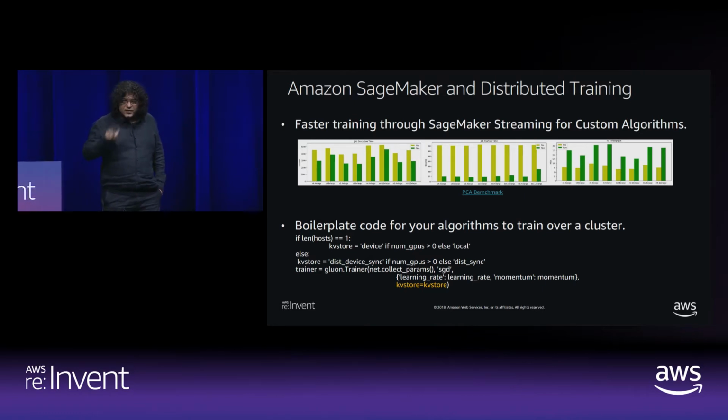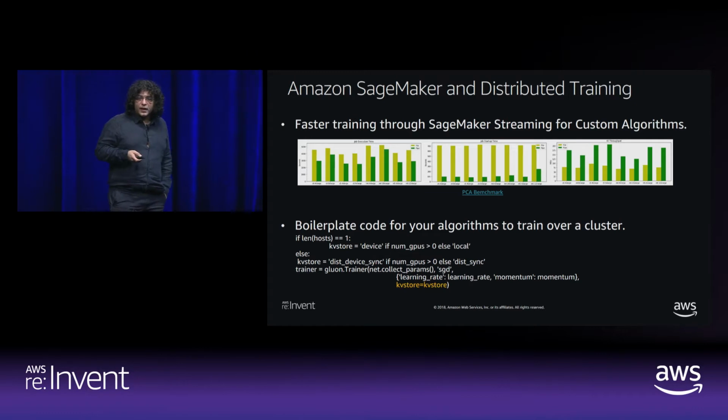And then last summer, during the New York Summit, we introduced something called streaming. So streaming is when S3 to your training instances is quite fast, and it can send your information to the different nodes that you have.